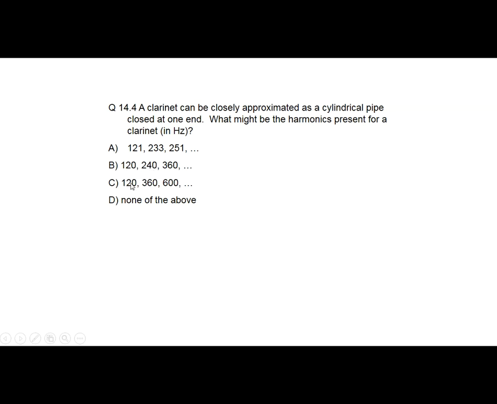This one right here looks quite possible, because 120, if you multiply that by 3, you're going to get 360. If you multiply that by 5, you're going to get 600.